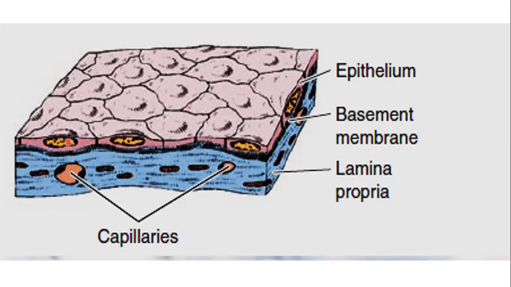Then these cells will excrete the waste products of metabolism through the basement membrane, through the lamina propria or the connective tissue, into the blood vessels. Therefore, the basement membrane not only supports the cells of epithelial tissue, but also acts as a medium of exchange between the blood vessels in connective tissue and the cells of epithelial tissue.